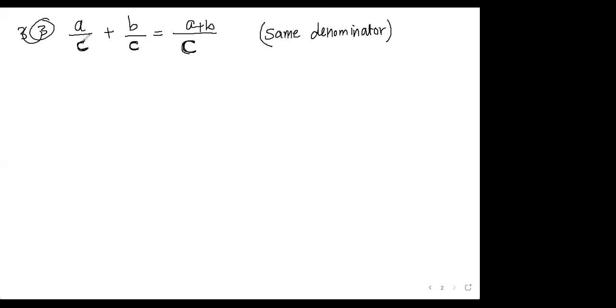We keep C the same, and we subtract A minus B.